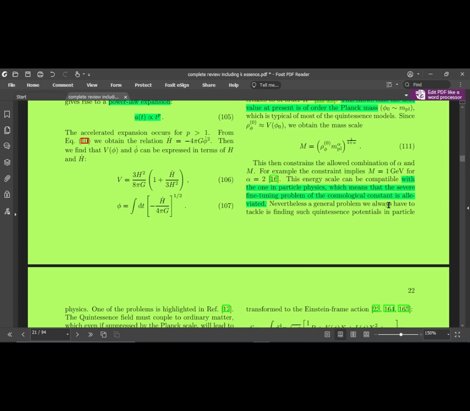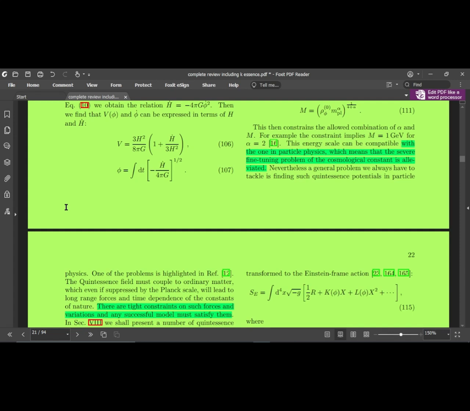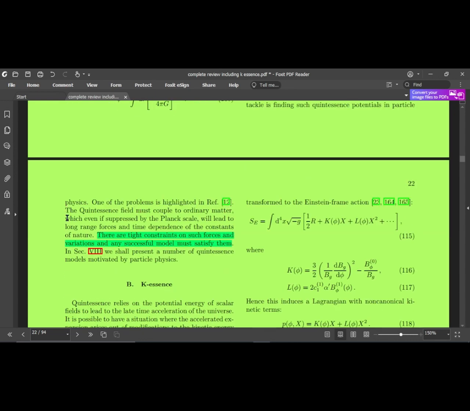Nevertheless, a general problem we always have to tackle is finding such a quintessence potential in particle physics. If you are studying quintessence, then we have to understand the potential of such a quintessence field. One of the problems highlighted in reference 12 is that the quintessence field must be coupled to ordinary matter. Quintessence cannot explain everything.